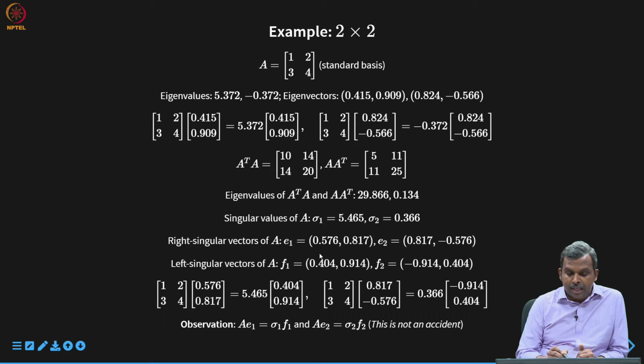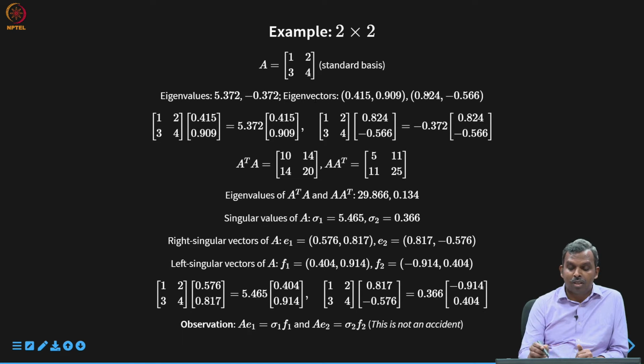And if you take A and multiply on the right with E2, AE2, the second right singular vector, you end up getting the second singular value multiplying the second left singular vector, okay. So, these kind of properties, this is not an accident, AE1 is sigma 1 F1 and AE2 is sigma 2 F2. This is the defining property for singular vectors and singular values.